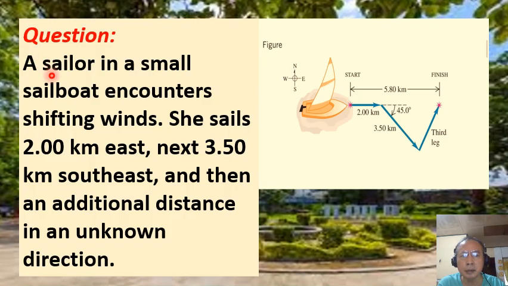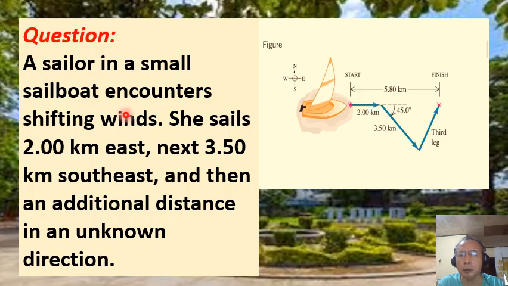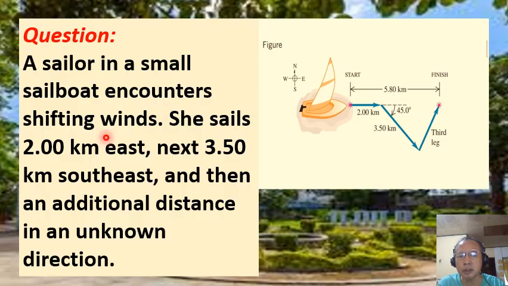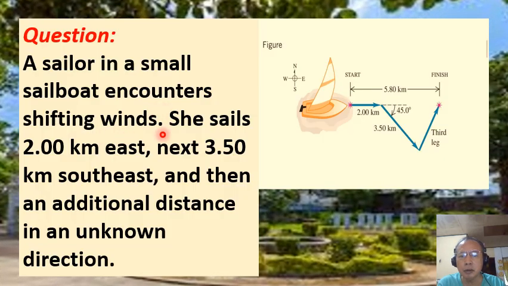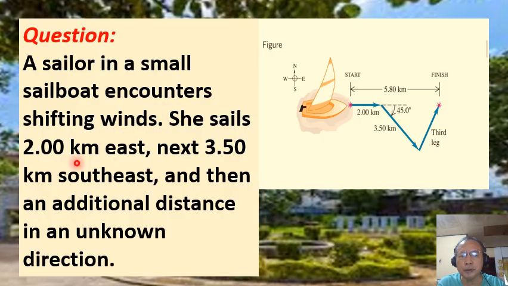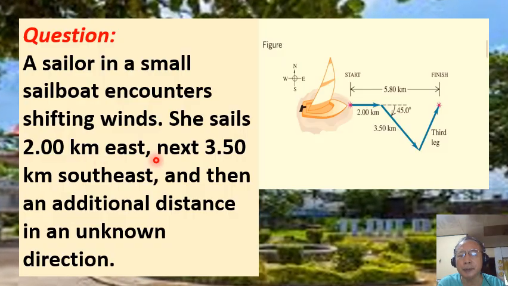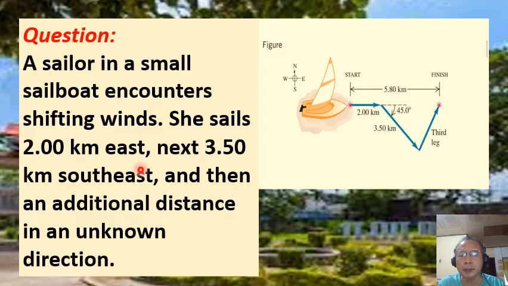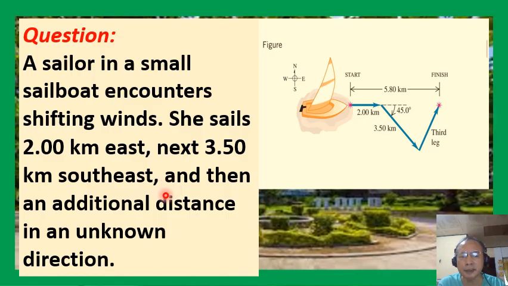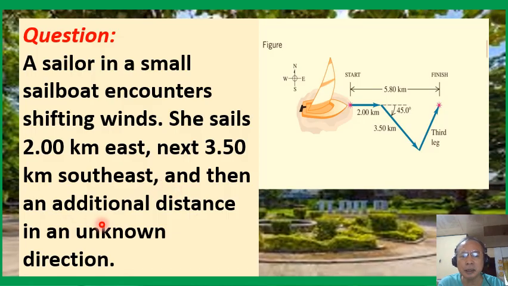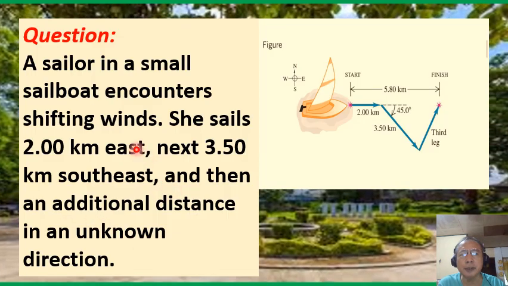Question: a sailor in a small sailboat encounters shifting winds. She sails 2.00 km east, next 3.50 km southeast, and then an additional distance in an unknown direction.